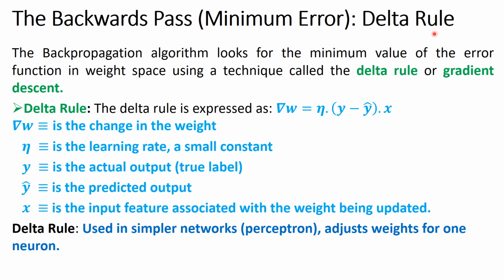Delta rule. The backpropagation algorithm looks for the minimum value of the error function in weight space using a technique called the delta rule or gradient descent.